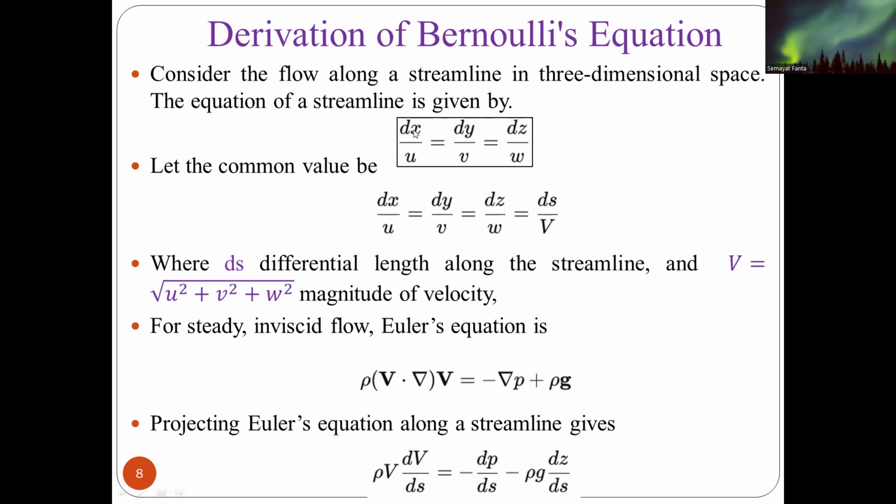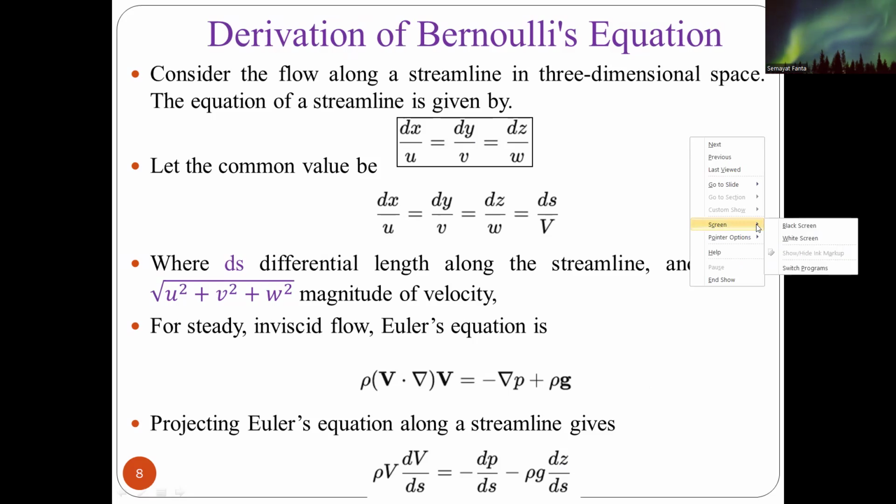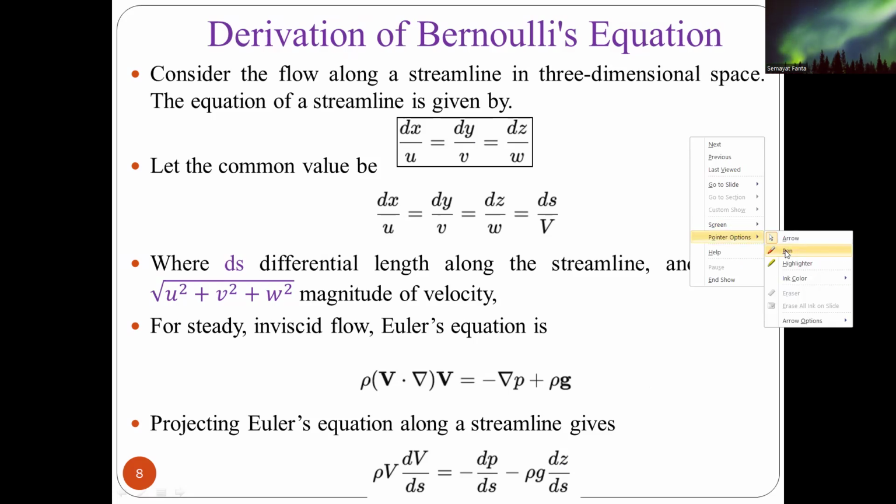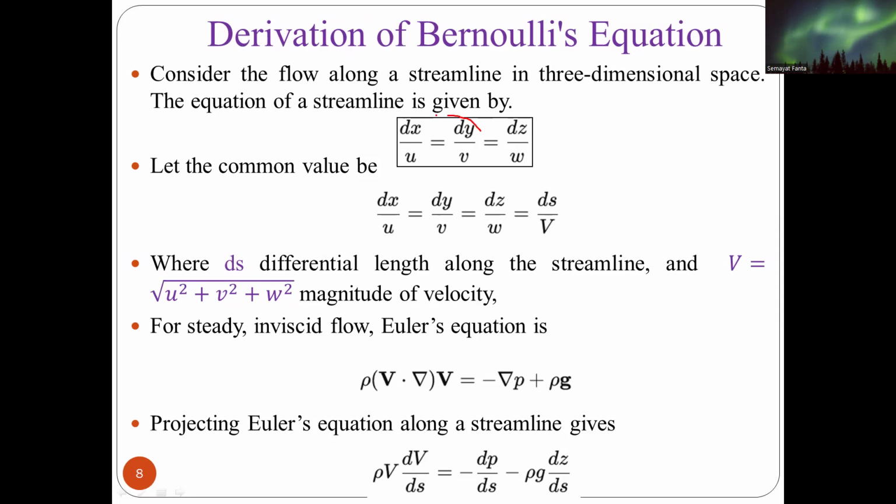So, for example, if we consider x and y, we can take these two parts of the equation and equate them. What we get is v times dx equals u times dy.